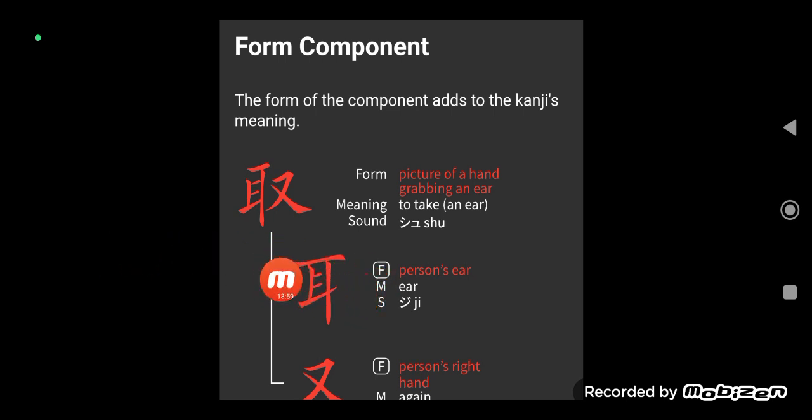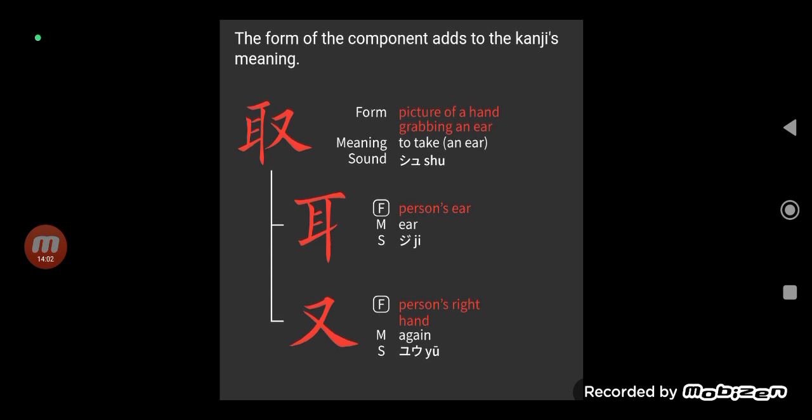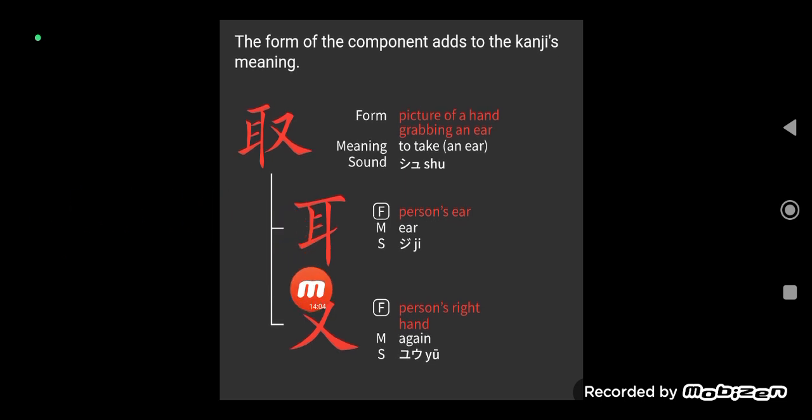The ear is also a form component, and the right hand is also a form component. So together, these two form components influence or hint at the kanji's meaning. So this kanji is shu, or toru, meaning to take or accept. The right hand takes the ear of a person.